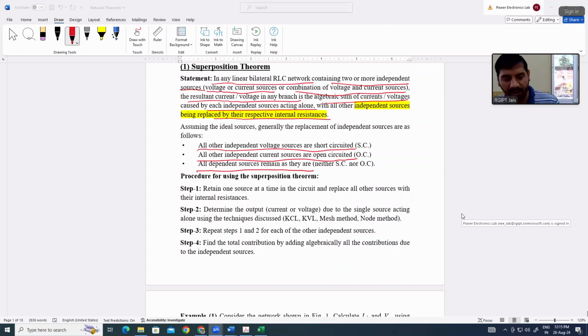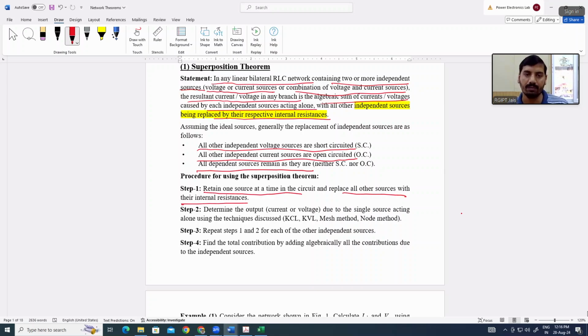Okay, so we will see how we can solve. The procedure is that in step 1, we have to take one source at a time. So retain one source at a time in the circuit and replace all other sources with their internal resistances. If voltage and current sources are practical sources, then in the problem itself you will find the values of internal resistances, so you have to replace those sources by their internal resistances.